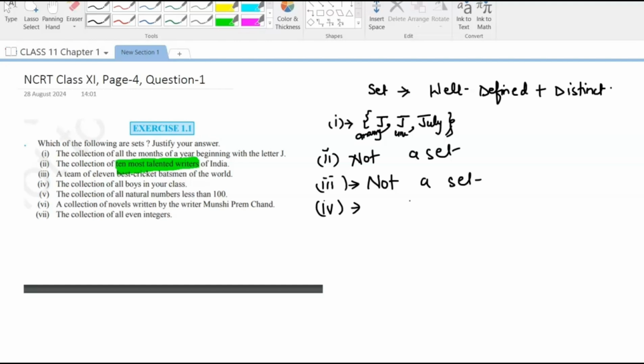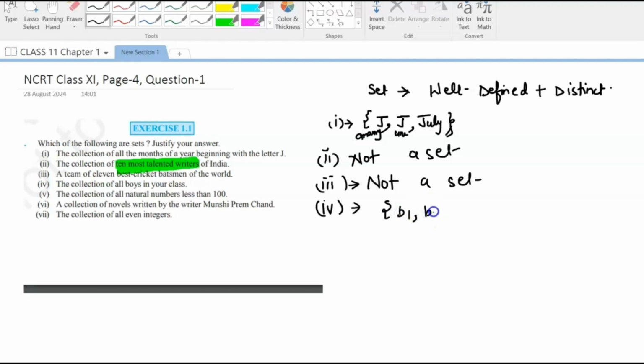The collection of all boys in your class. Now, this is a well-defined property because you can easily identify who is a girl and who is a boy in your class. So this is a well-defined characteristic, and you can distinguish them. Suppose you have 10 boys in your classroom. It could be anything, 10, 25.